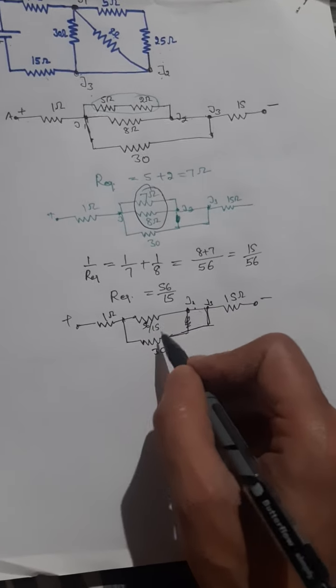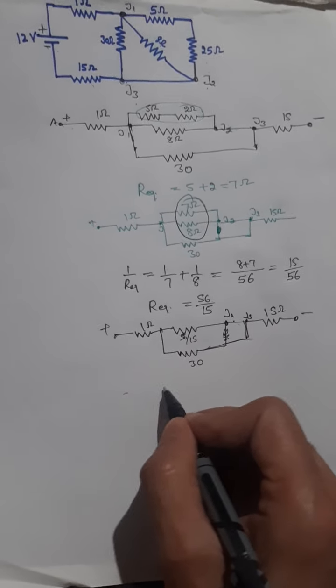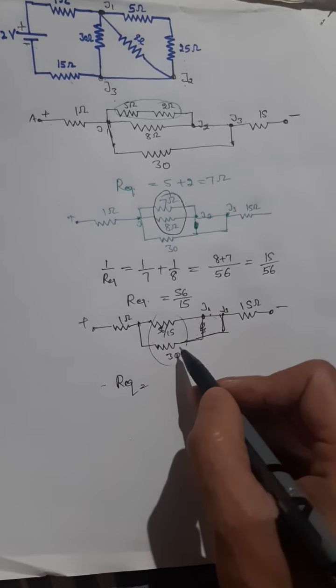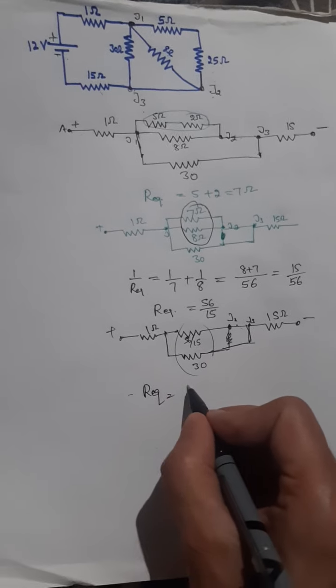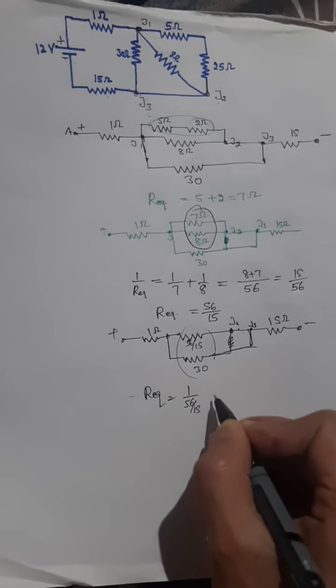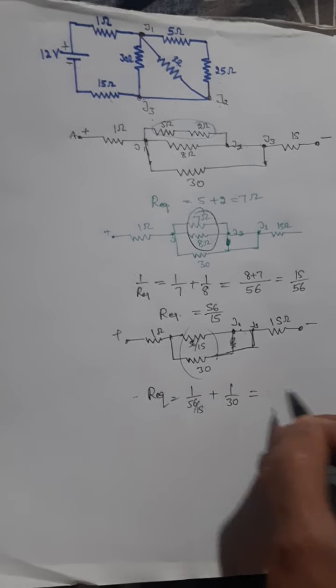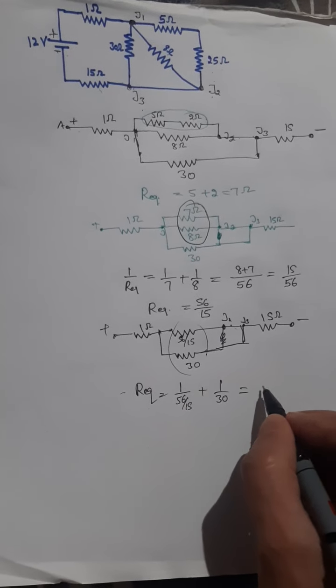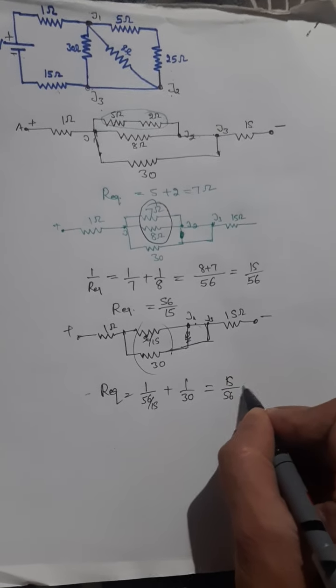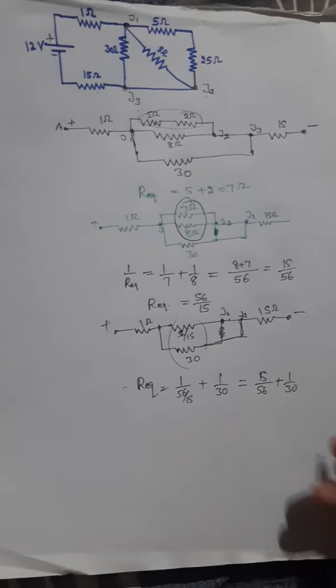So these resistances are in parallel. We are going to solve these two resistances: 1 by 56 by 15 plus 1 by 30. This becomes 15 by 56 plus 1 by 30.